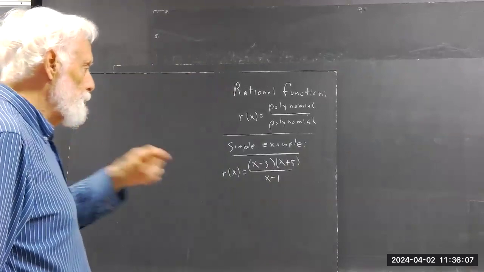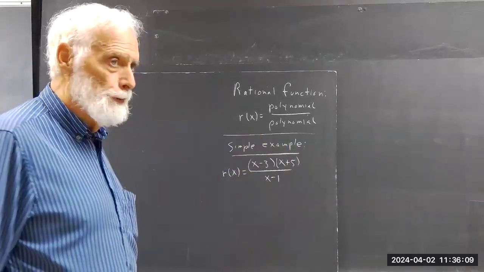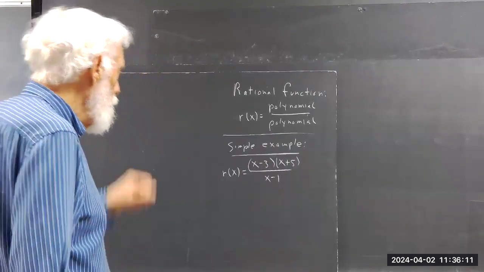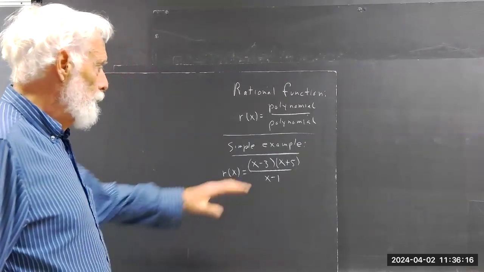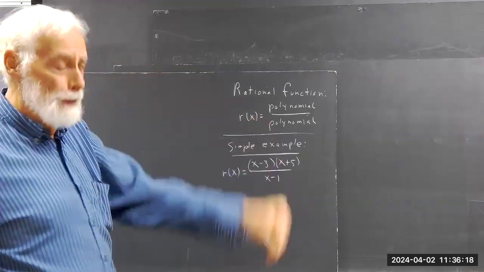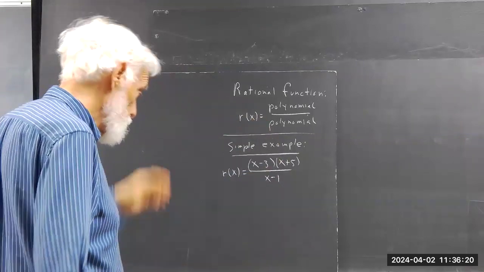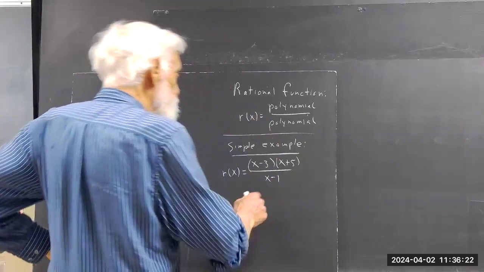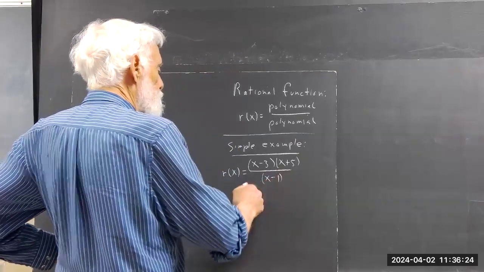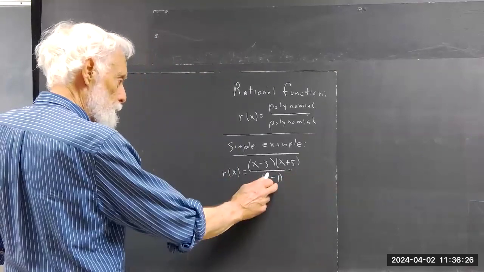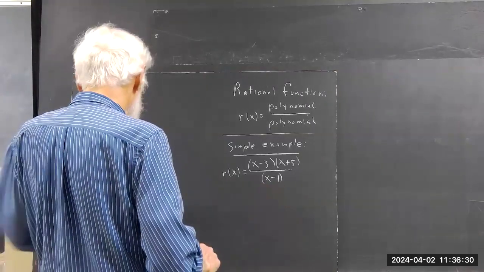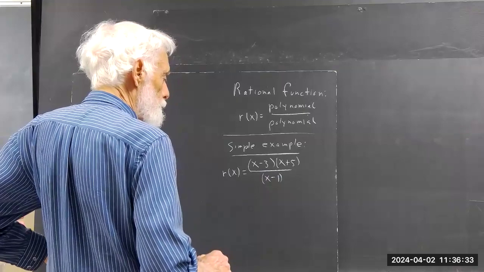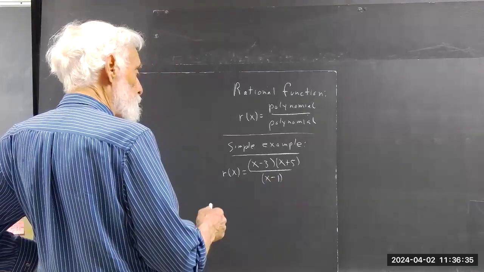f(x) equals (x minus 3) times (x plus 5) over (x minus 1). I'll put parentheses around this so it's clearer.